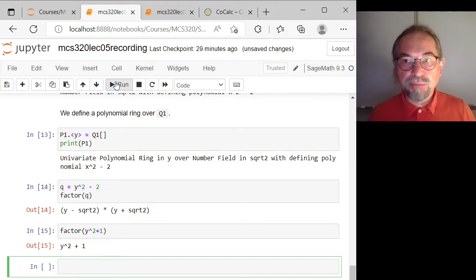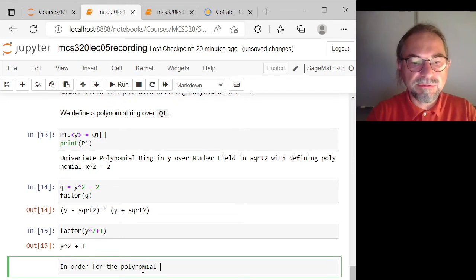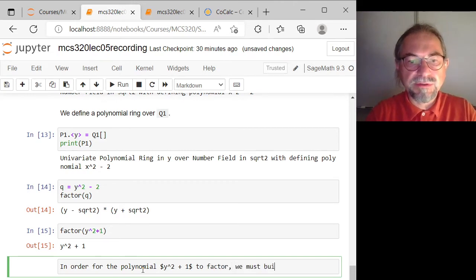Any polynomial in y is a polynomial with coefficients in q1. So in order for the polynomial y squared plus 1 to factor, we must build another extension.